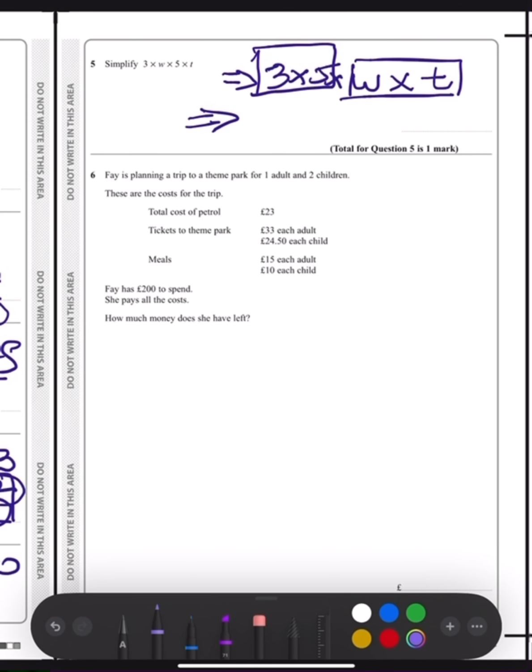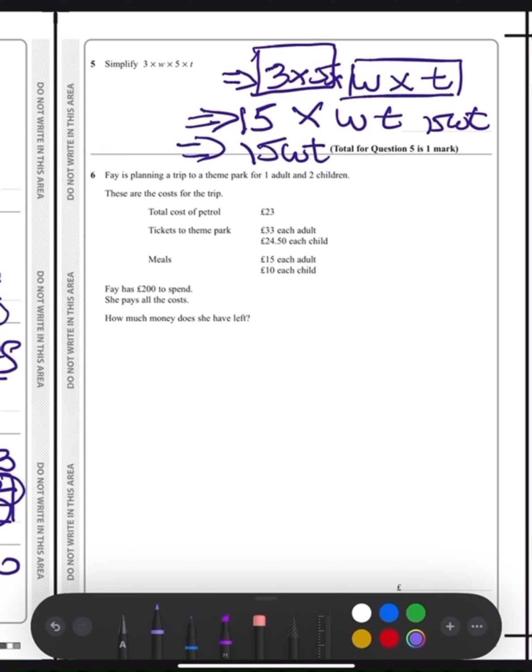We know 5 into 3 is 15, and W into T would simply be WT, which means your answer would not be some other number, it would simply be them attached together, 15WT. We would write this answer 15WT, and that's a mark scored.